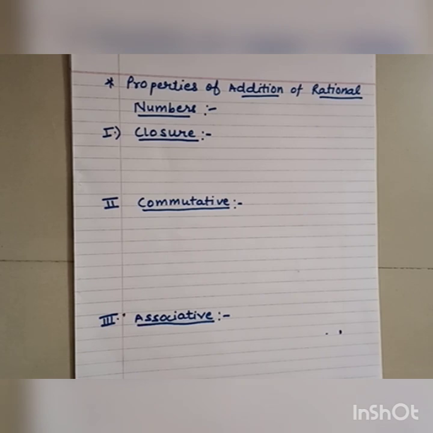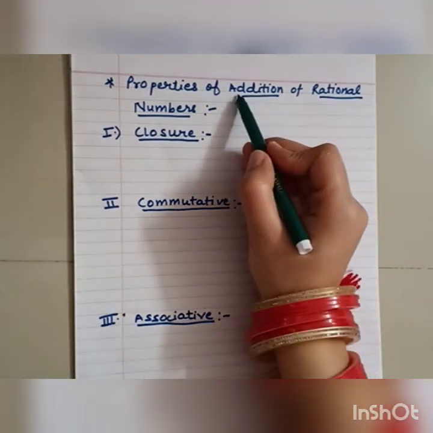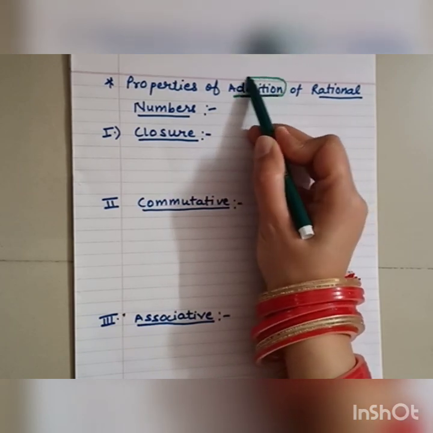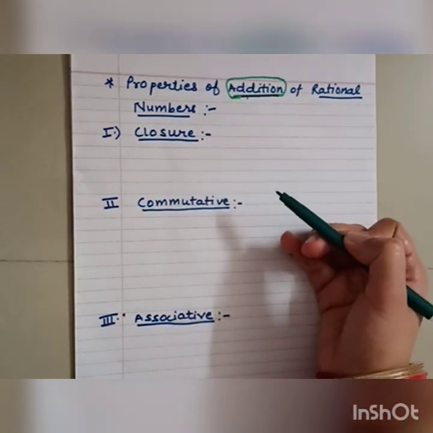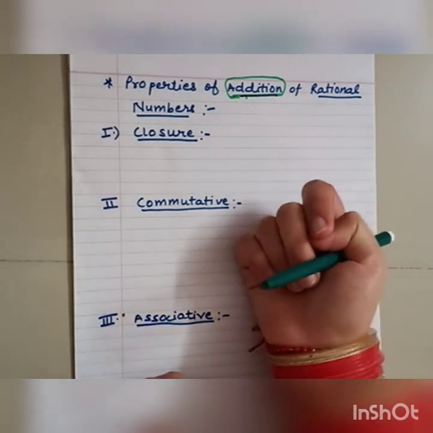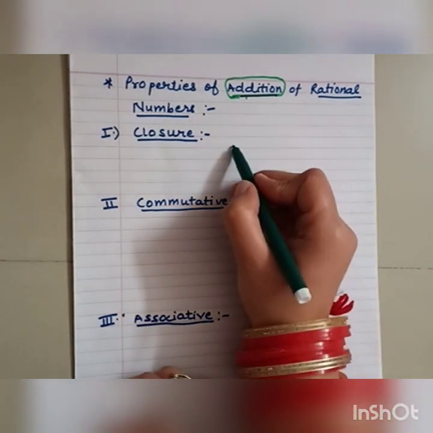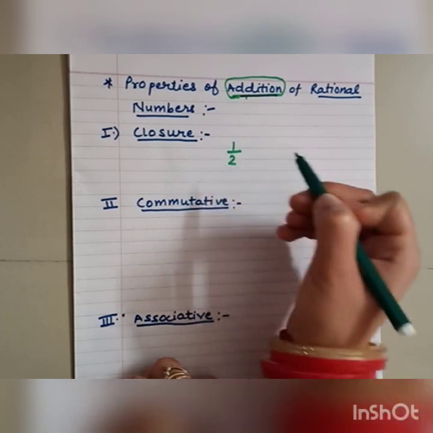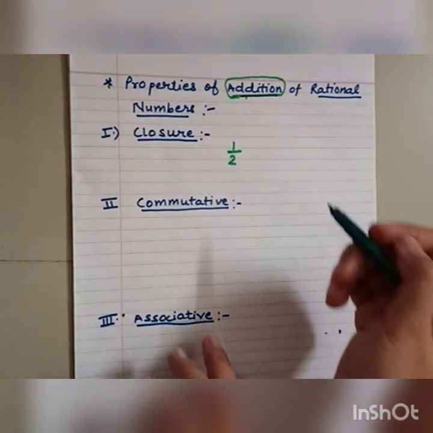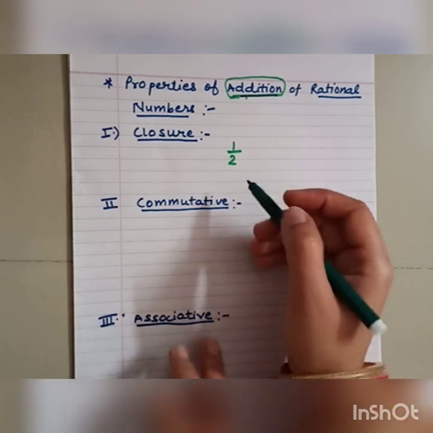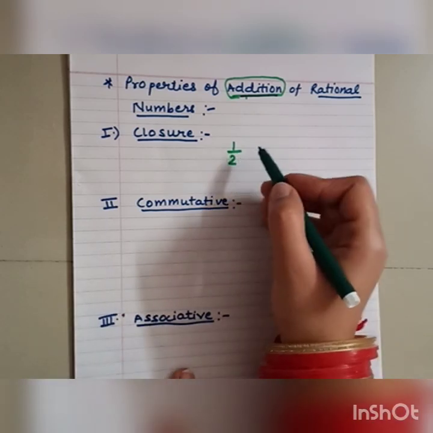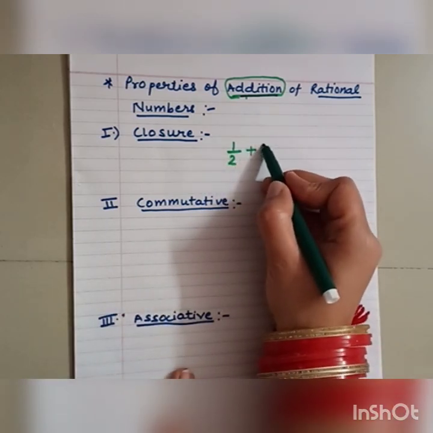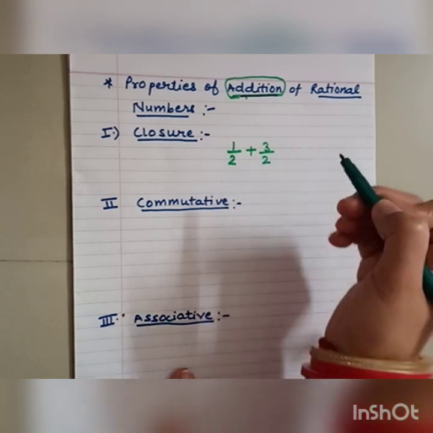In this property we take two rational numbers and solve under the operation of addition. See one example, take a very simple and easy example in which the denominator is the same. One rational number is 1 by 2 and the second rational number we take is 3 by 2.